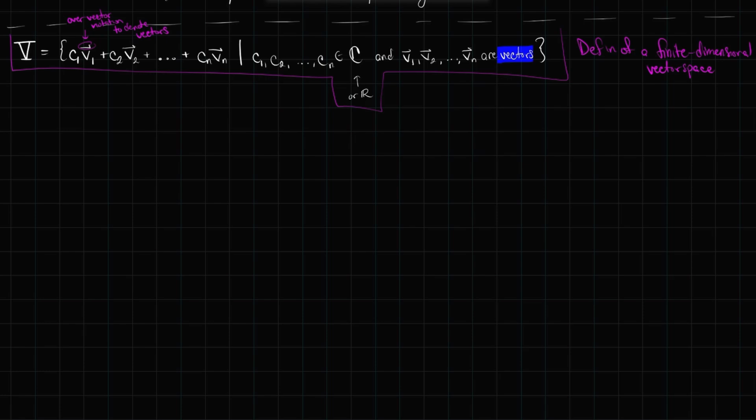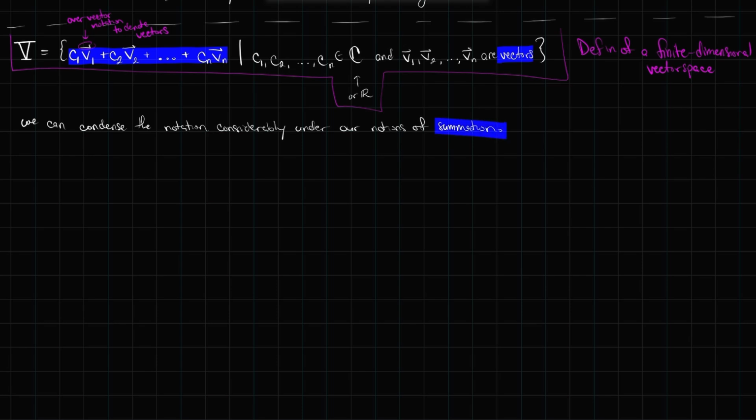And we can condense this notation considerably under our notions of summation. By that, I mean that this term here, that's really defining the vector space for us, is a linear combination of a bunch of vectors, that is a summation.